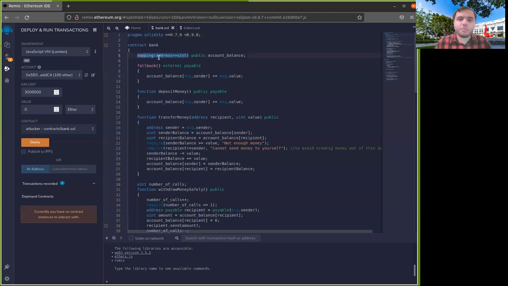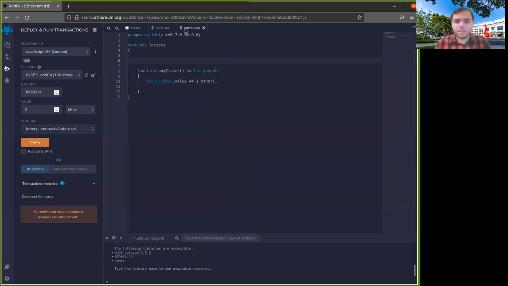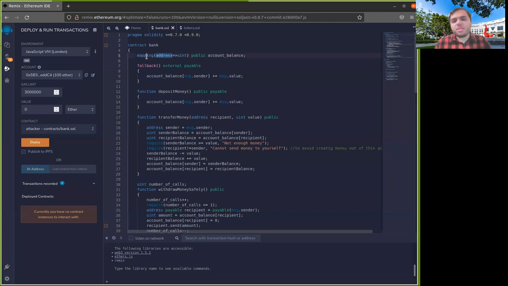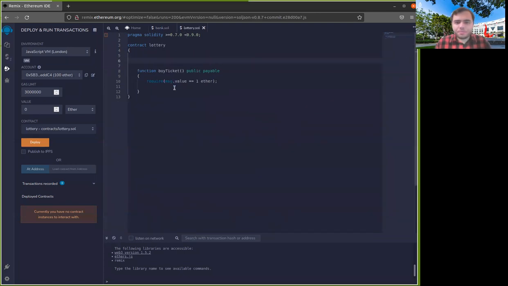For example, we can have a mapping that for every address tells us how many tickets that address has bought, or we can just have an array of the addresses of every ticket, or we can have any other kind of mapping. Generally, we don't really use arrays in Solidity. We most often use mappings.